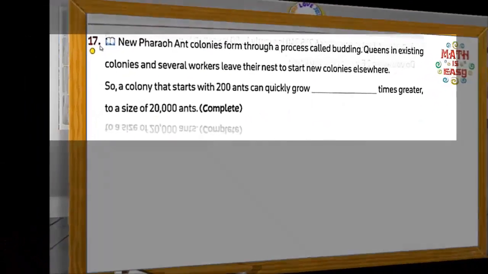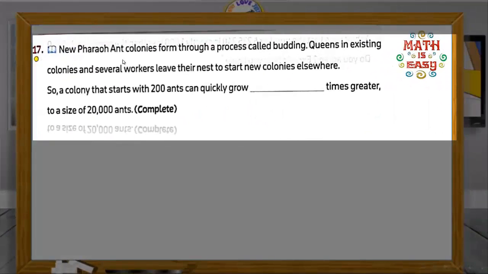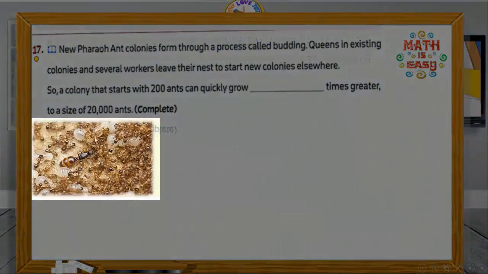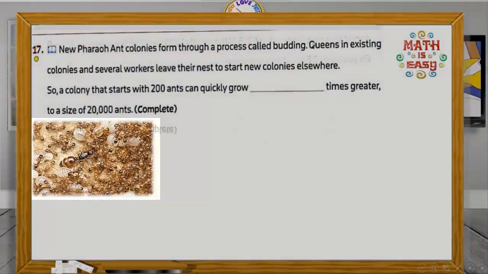2. Number 17. New pharaoh ant colonies form through a process called budding. This is an ant colony. An ant colony means a big number of ants living together in one place like this. He tells you about queens, this queen, and the number of workers inside this colony.